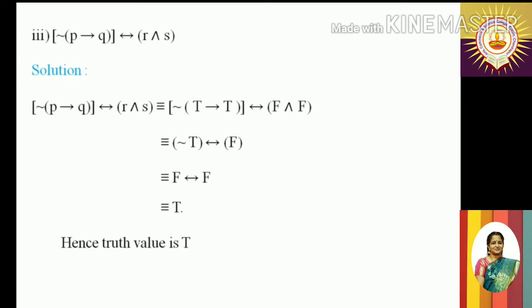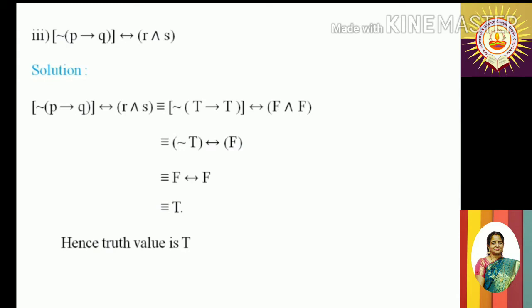Here we get negation T conditional T bracket complete, biconditional F and F. We know that T conditional T is T and F biconditional F is T.